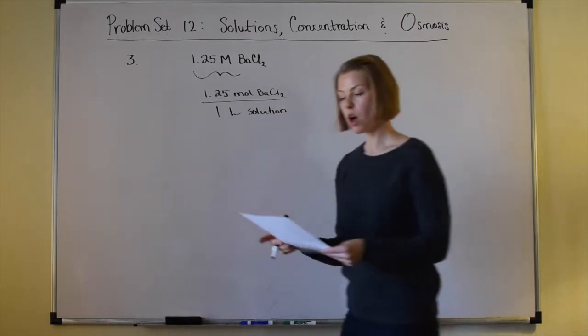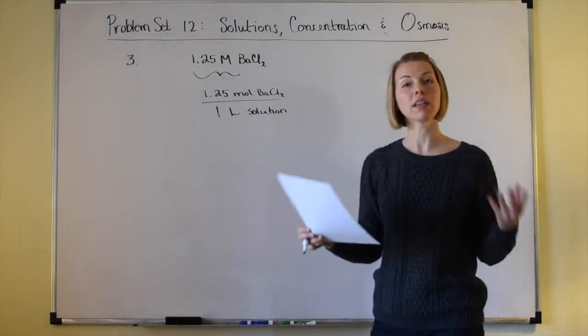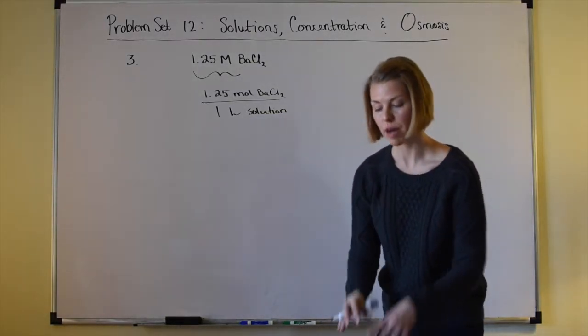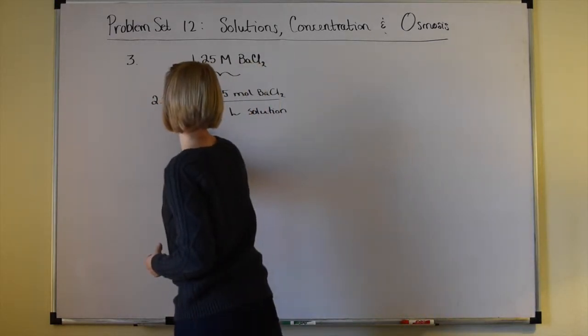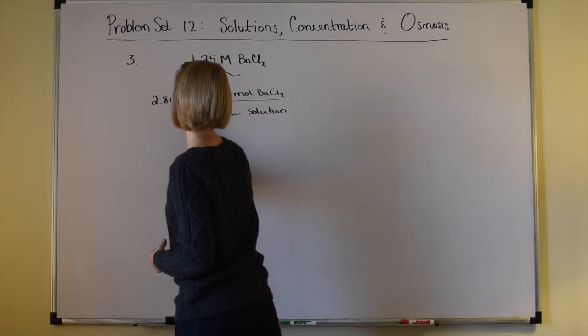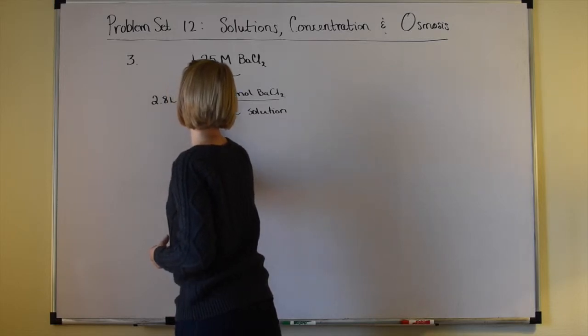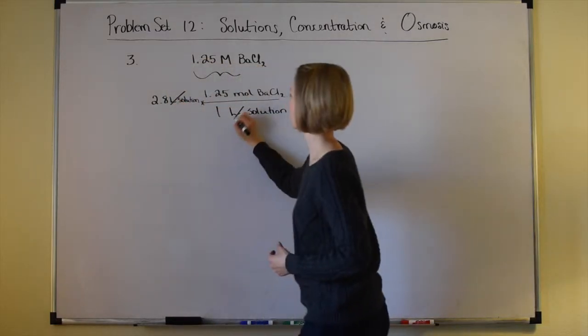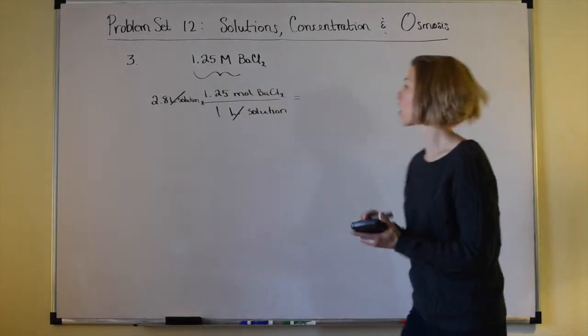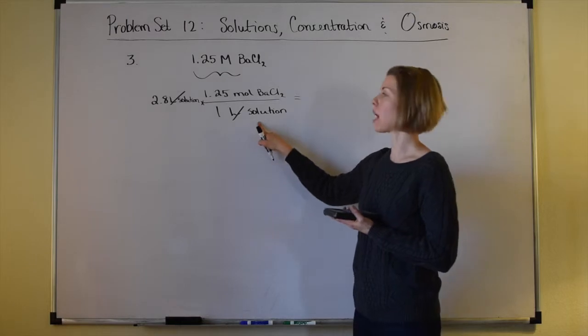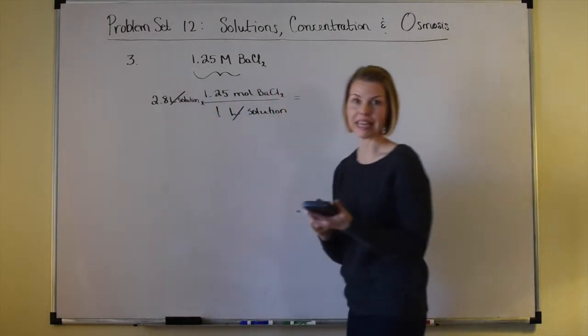But in this problem, we're not talking about 1 liter of that solution. We're talking about 2.8 liters. So we need to multiply the 2.8 liters of solution through. Liters will cancel, and that will tell us how many moles are not in 1 liter, but how many moles are in the 2.8 liters.